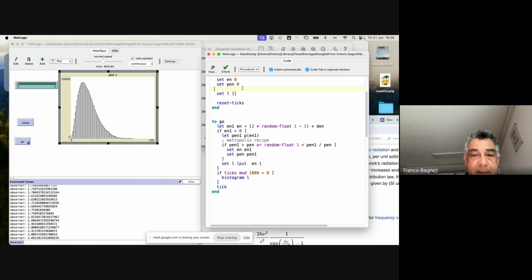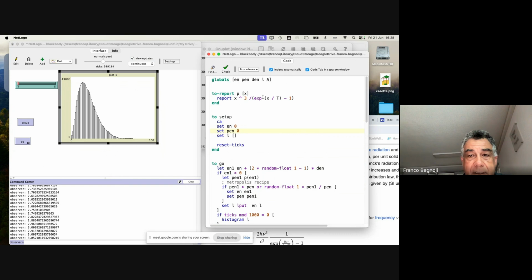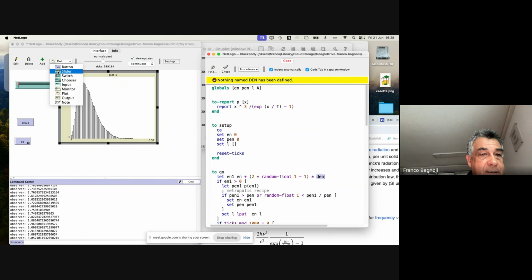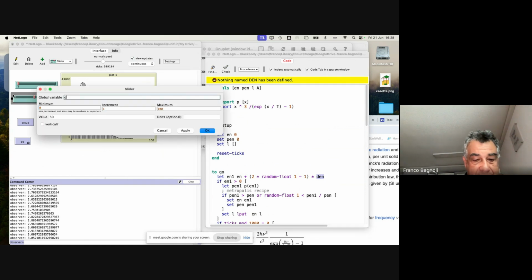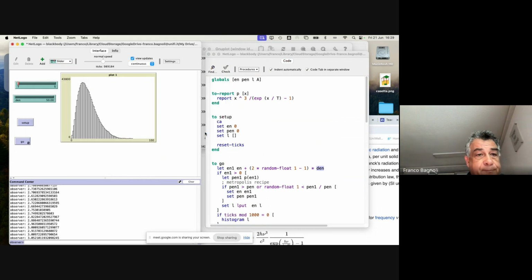Maybe this can be put as a slider, so we can check dn. Maybe 0.01 up to, I don't know, 4. Then we can check.